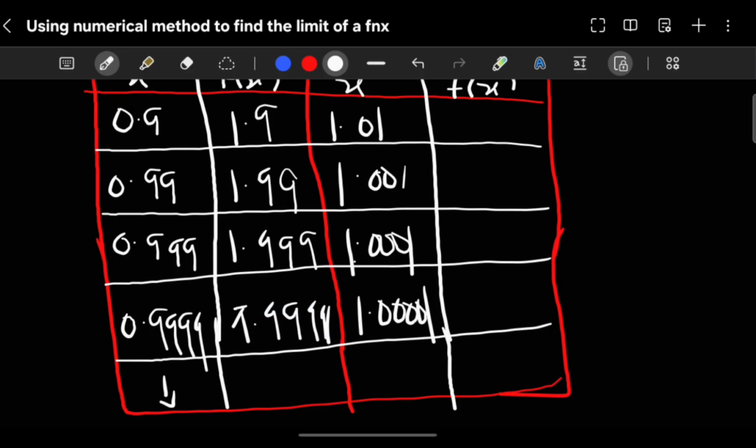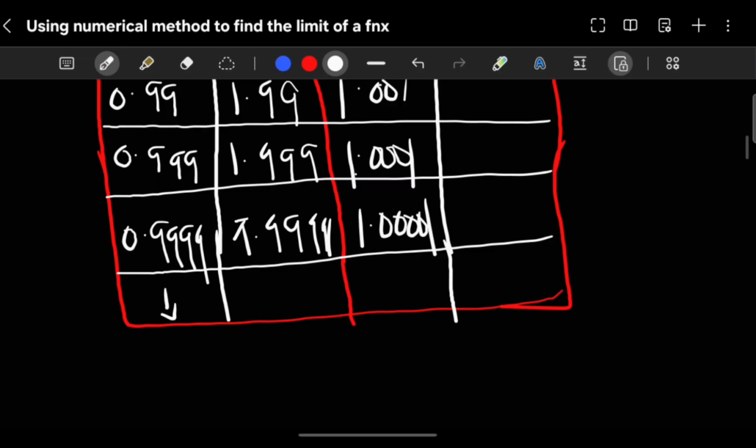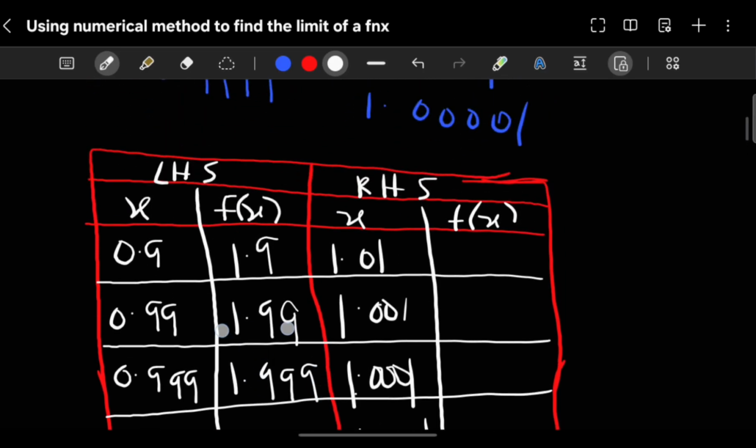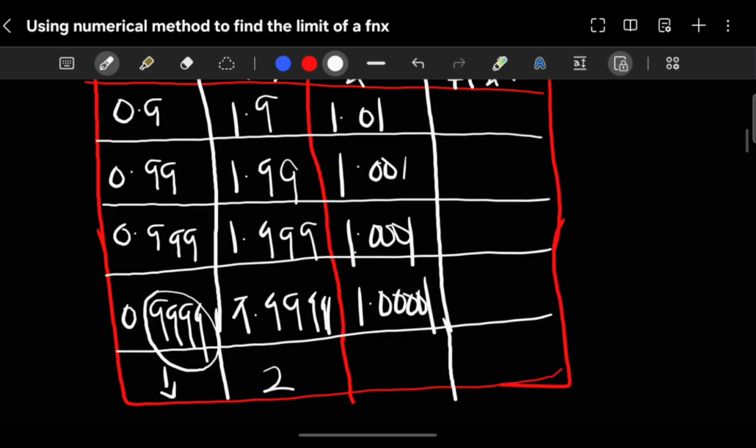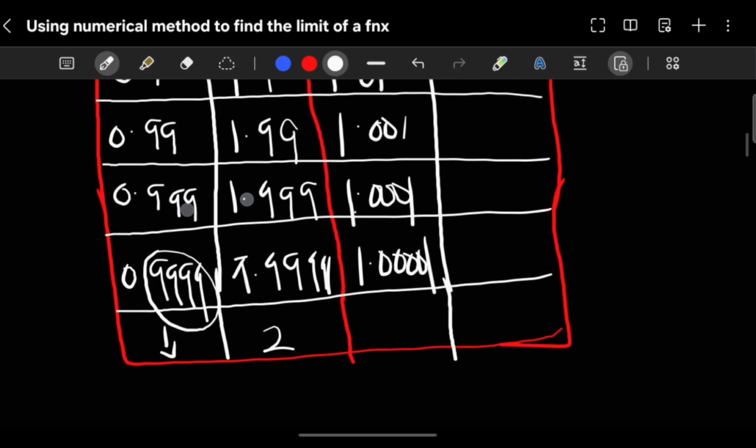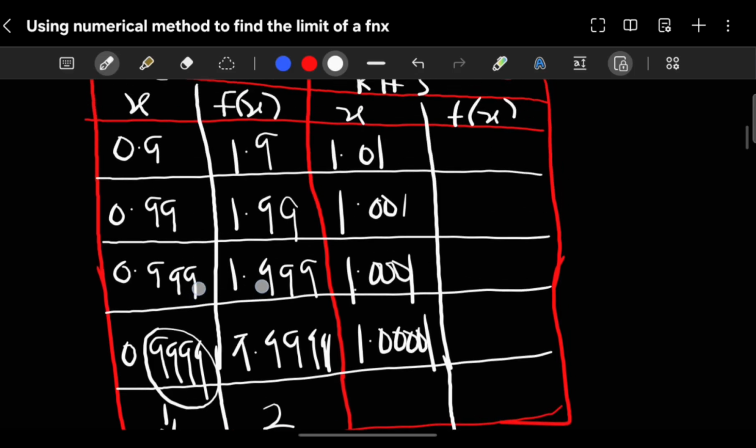So one thing is clear, that when the value is approaching 1, you can see that it is becoming 1.99999, and as we continue to increase the number of 9s at the decimal side, the value also approaches what? 2. You can clearly see that, right? So we've seen that on the left hand side, the closer we get to 1, the more the function also approaches 2. I hope that is clear.